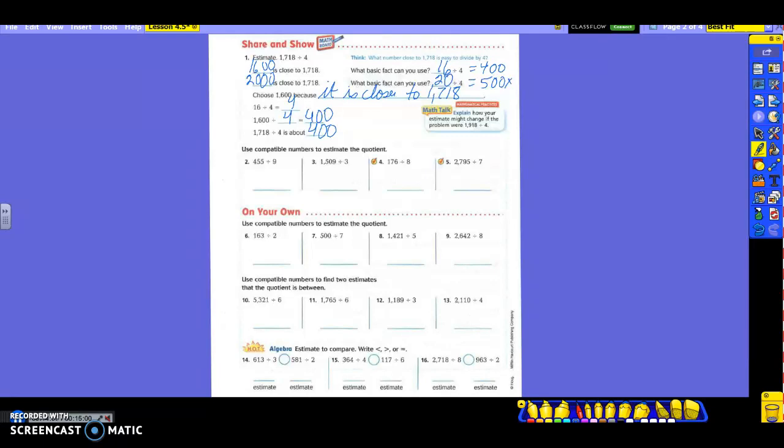All right. So down here, you're going to use compatible numbers to estimate the quotient again. Please remember, we are using the first 2 numbers to help us out. What are we doing with the last number? Making it a 0. Okay? Because that's what we're going to be looking at. Now, it doesn't tell you you have to do the between here. So do I have to do 2? No, I just have to find what I can use. So can 45 be divisible by 9?